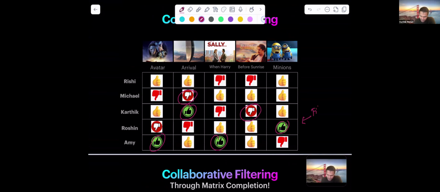So we filled in the missing ratings based on collaborative filtering.